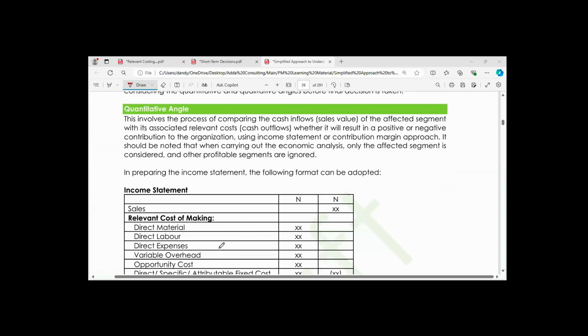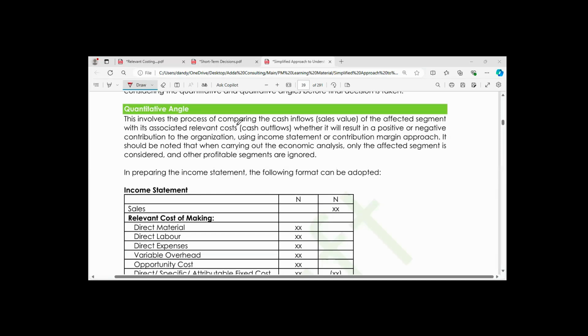The quantitative factor is simply the process of comparing the cash flows of the affected segments with the associated relevant costs, whether it will result in a positive or negative contribution to the organization, using the marginal costing, contribution margin approach, or what is known as an income statement.